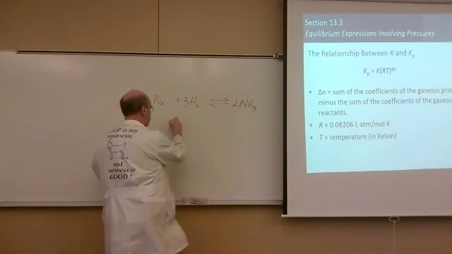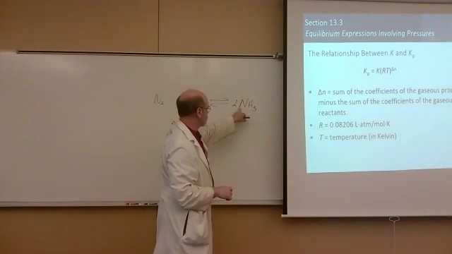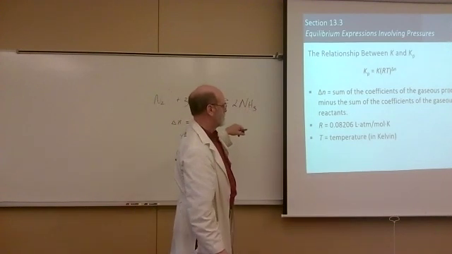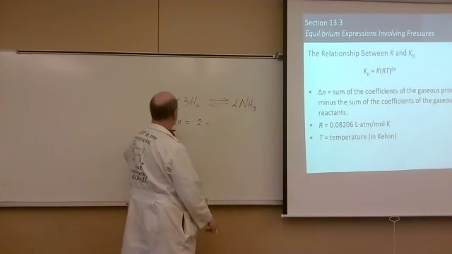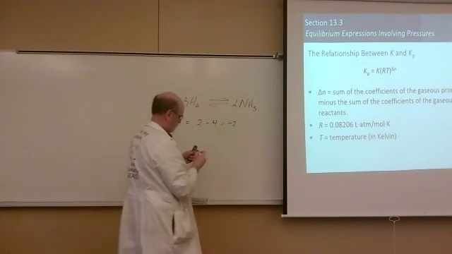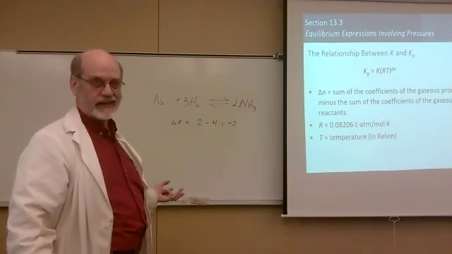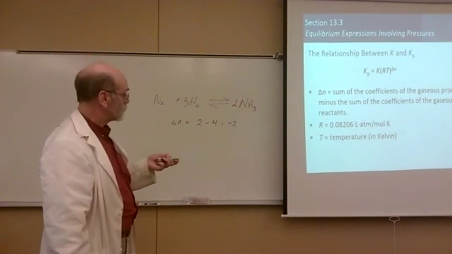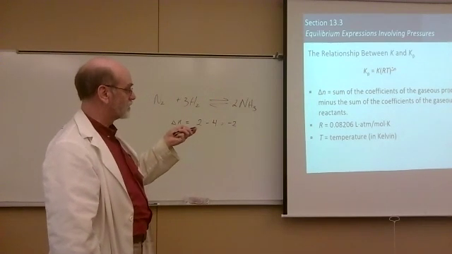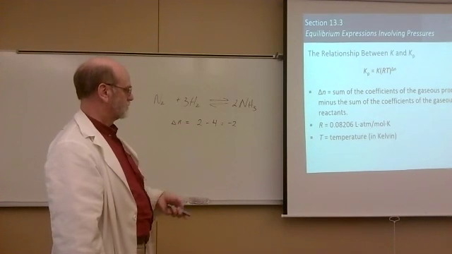Then the delta N is going to be the sum of these coefficients, which is 2, minus the sum of the coefficients of the reactants. So minus 4 equals minus 2. So it's okay to have a negative sign in this delta N. You just plug the delta N in right here. So it'll be a negative power for the R and the T.